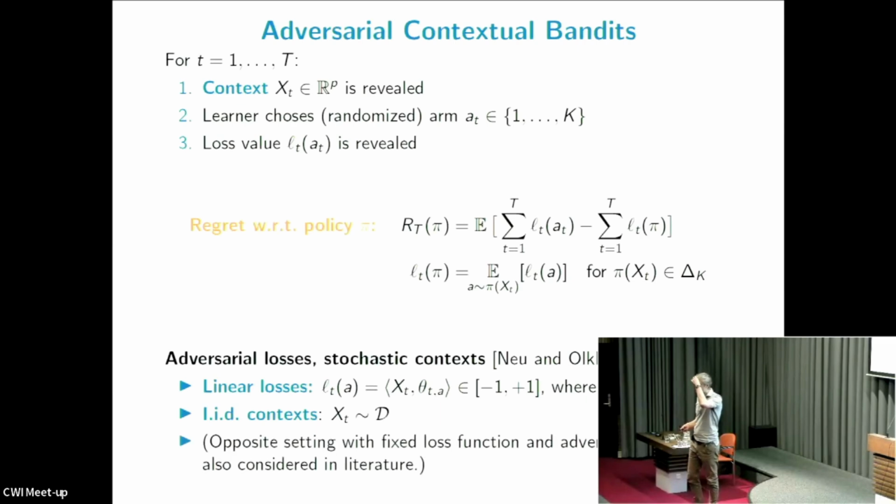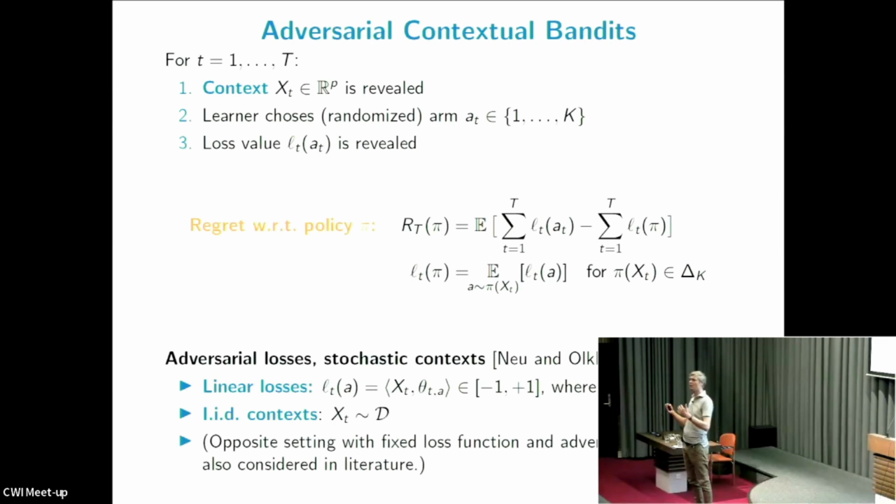In the literature, people have considered an alternative setting, which is maybe even bigger. Instead of having random contexts and adversarial loss functions, people have also looked at having a fixed loss function that doesn't change over time, maybe with stochastic feedback, and then having adversarial contexts.